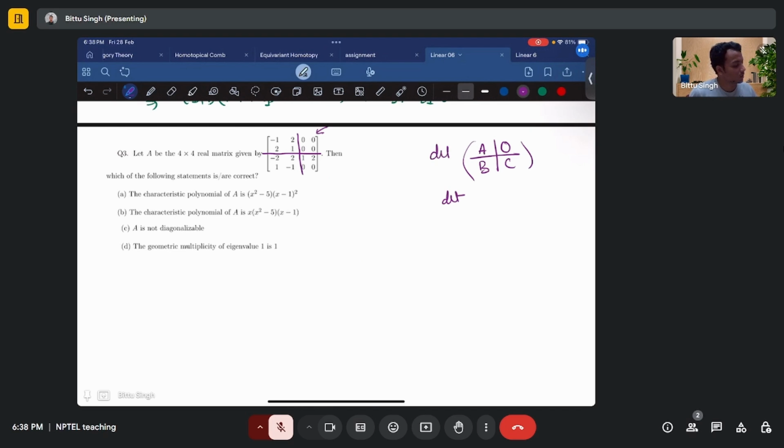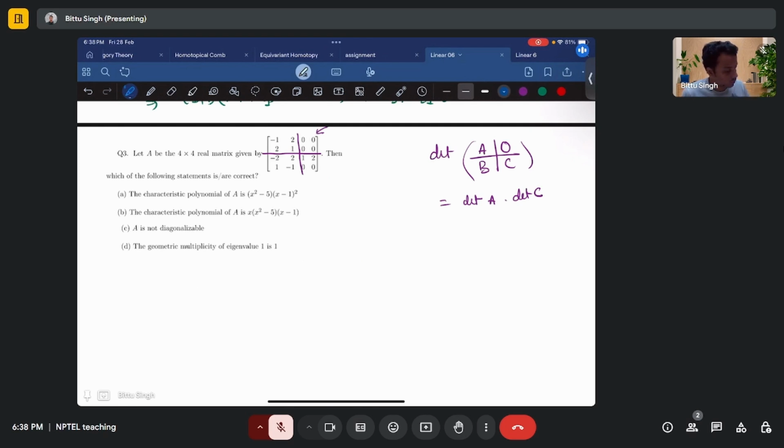So the determinant of this is the same as determinant of a times determinant of c minus det b times 0, which is 0. So this is the correct determinant. For those kinds of blocks, calculating the determinant is easier.